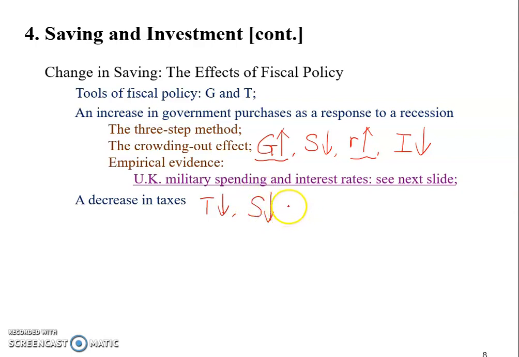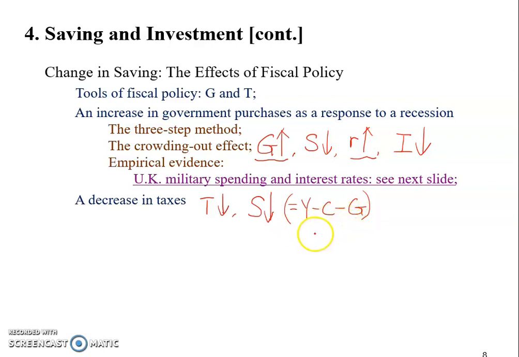This is because national saving equals, let me write it here, national saving equals Y minus C minus G. Do you still remember this? So this Y is how much we produce. It determines how much we make, right? C is the consumption and G is government spending.